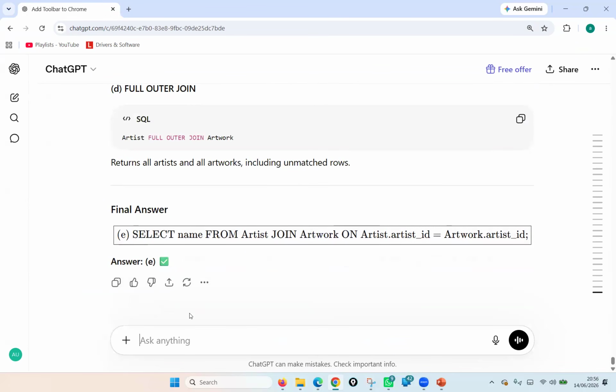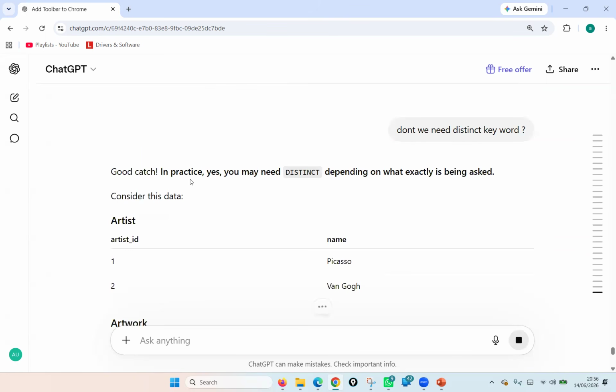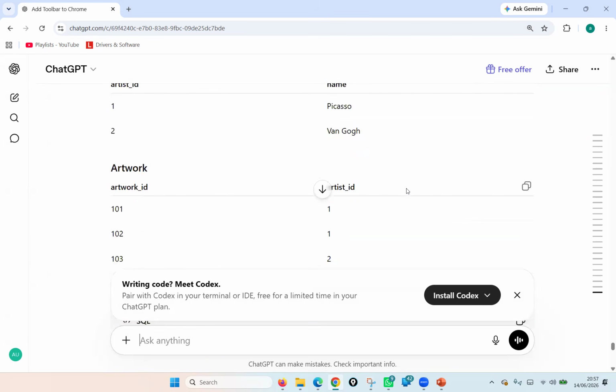So I will ask, don't we need the distinct keyword? නිකමට අහලා බලමු. Right. In practice, yes. You may need distinct depending on what exactly is being asked. මොකද නැත්තම් දෙපාර එනවා.